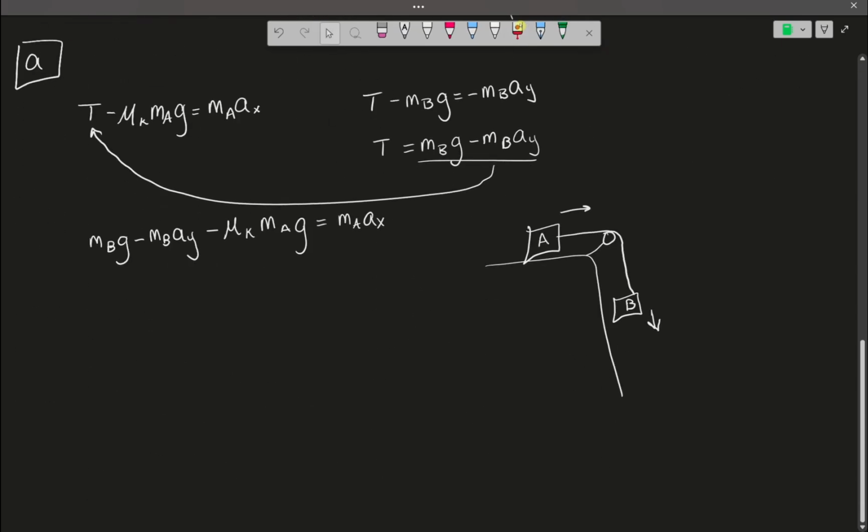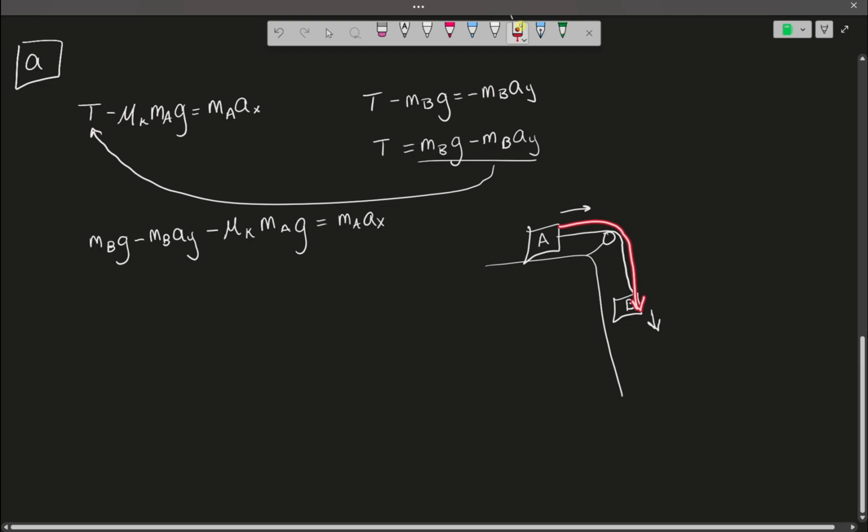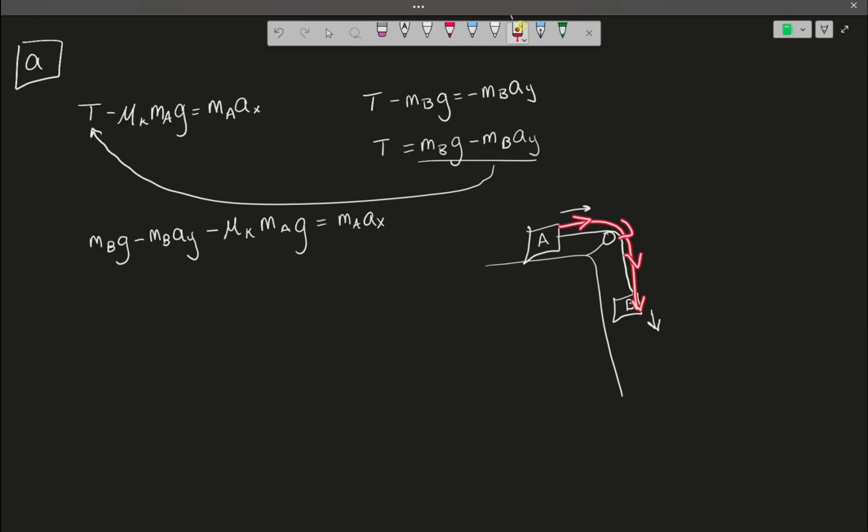So the magnitude of the acceleration in the x direction on block A and the magnitude of the acceleration in the y direction on block B have to be the same. That's because they are going to be moving together, right, with this rope. This means that a_y is the same thing as a_x. I'm just going to replace that with a.